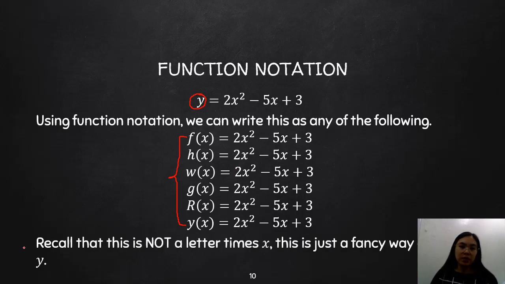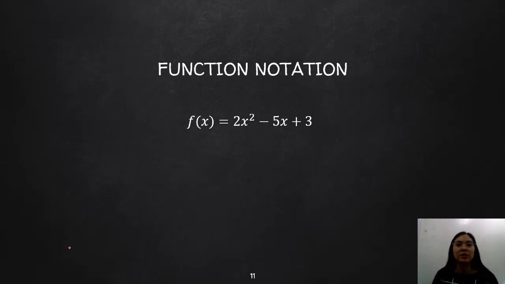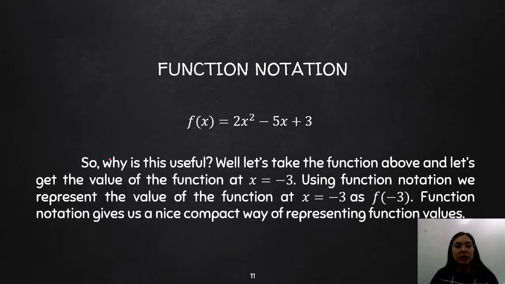So just a point to remember, recall that this is not a letter times x. This is just a fancy way of writing your variable y. So why is it useful to write it this way?